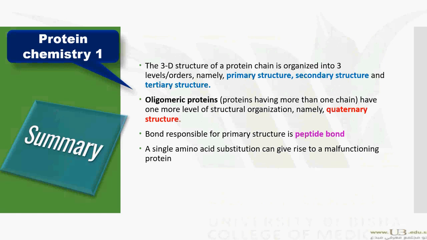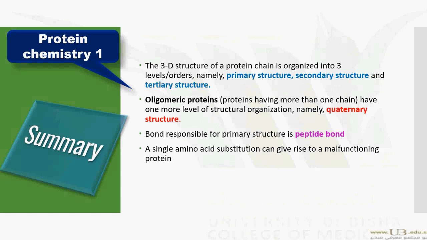The secondary structure, where you can form the alpha helix or beta sheet either within the same polypeptide chain or between two adjacent chains. And the tertiary structure, where the different secondary structures, alpha helix and beta sheets, are combined to each other by some forces and covalent bonds, forming the three-dimensional structure.